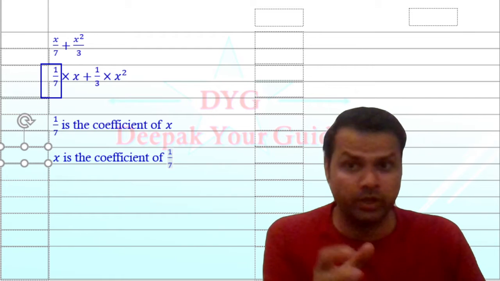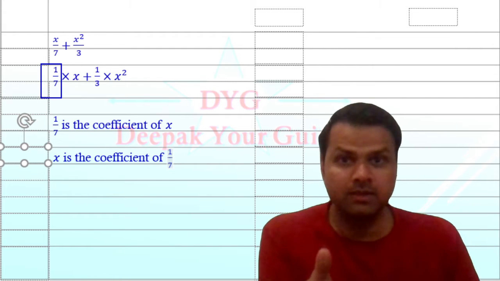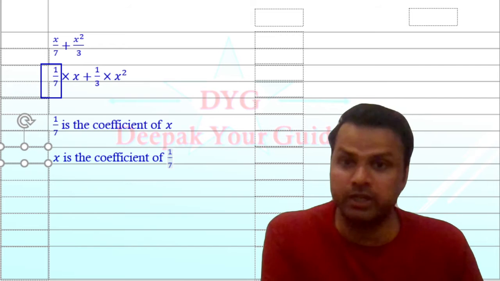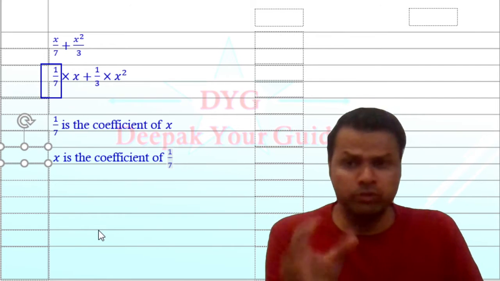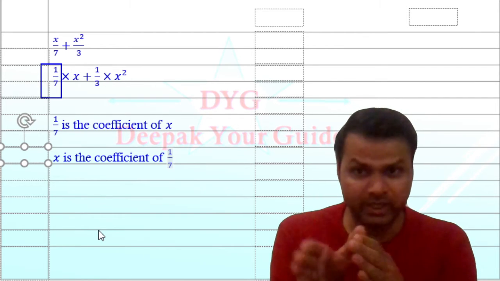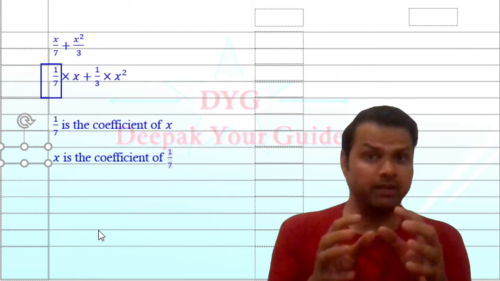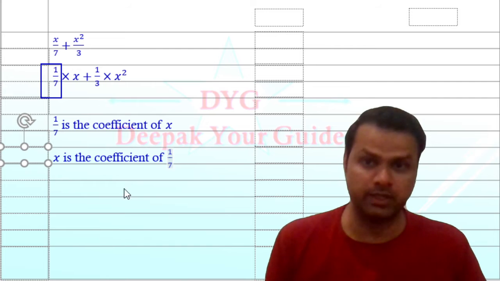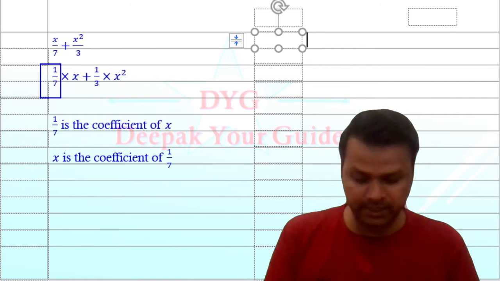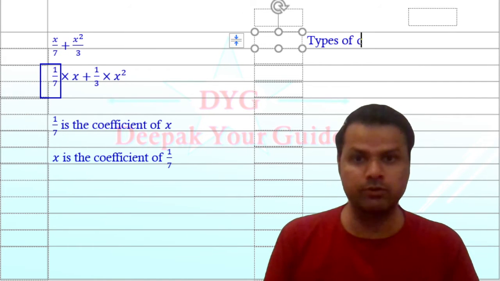So I hope you have got the idea how we are identifying the coefficient of a term. Now you will notice that we have one that is a number and the second is a variable, a letter. So we have got specific names also for them. Now here we can discuss the types of coefficient.